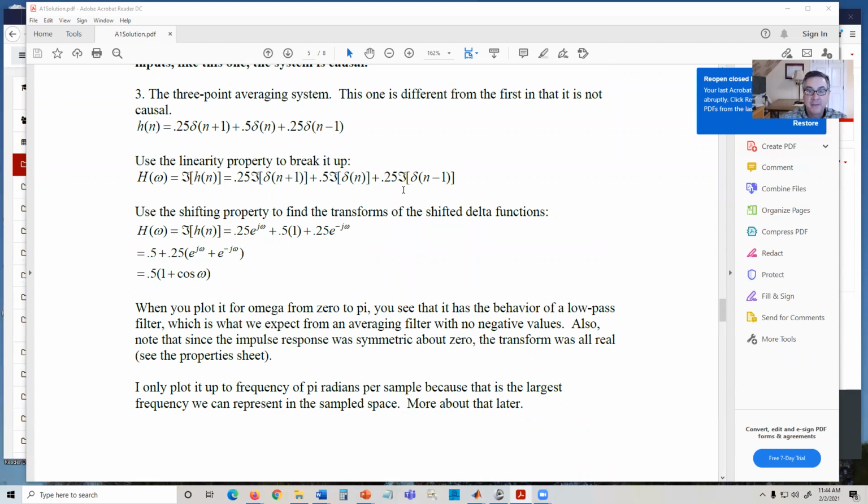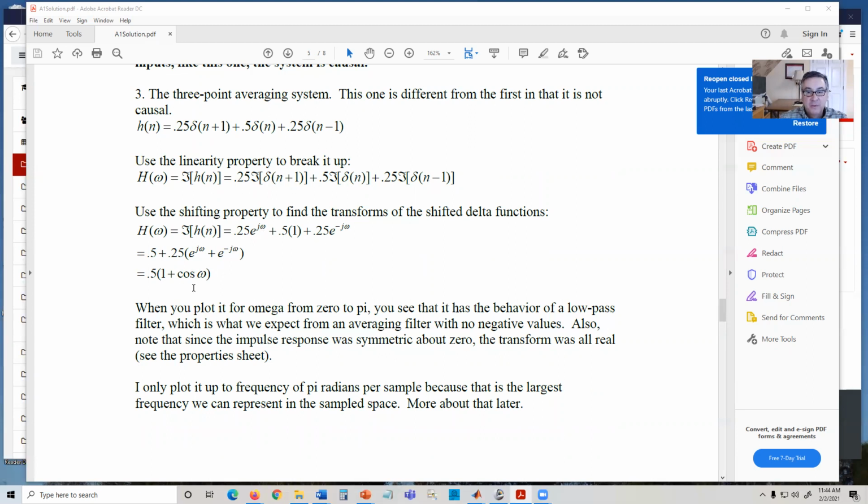And if we use methods similar to what we used in class, basically linearity to break it up, the transform of a delta function, the shifting property, we end up with an e to the j omega and a conjugate pair with that, e to the negative j omega, which can combine into a cosine, right? That's a thing you should recognize. And so the response of this system is all real, and we should have gotten that, okay?